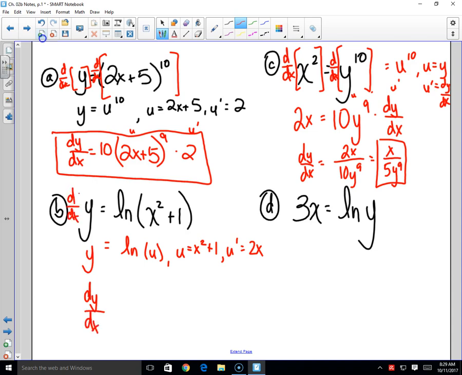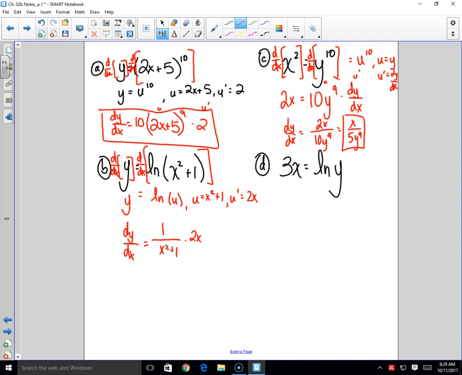The derivative of y is dy dx, technically 1 times dy dx. The derivative of the right-hand side, I'm going to use the ln of u rule, which you guys were right: 1 over u, which is x squared plus 1, times u prime, which is 2x. So I have my 1 over u and u prime.